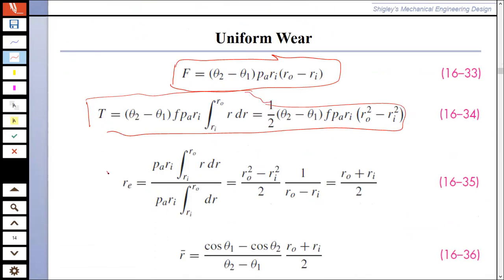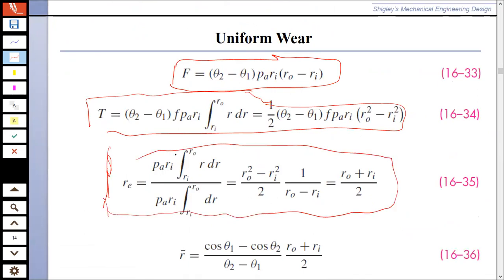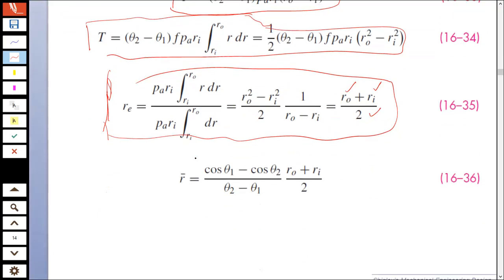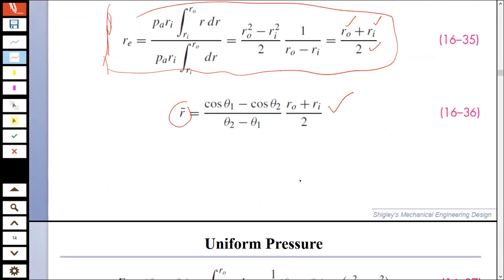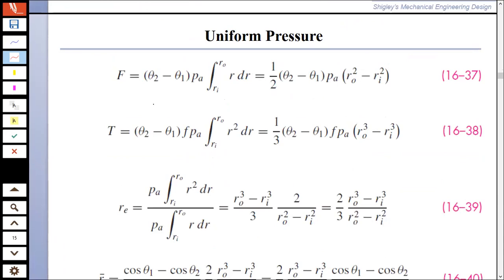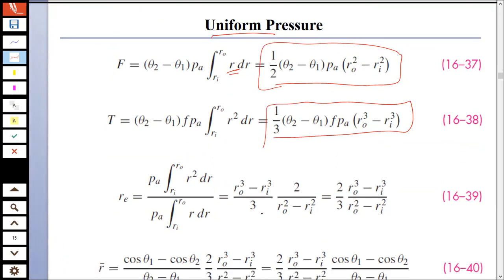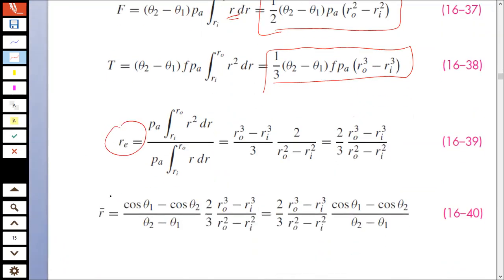और मेरे पास R e, अच्छा R e में just put the values for the uniform wear model. तो R e आपके पास R naught plus R i, basically it is the average of the two. ठीक है जी। तो R e भी आ जाएगा। इसी तरह R bar में भी आप वैल्यूज डालें उसी इक्वेशन में, तो you will find the value of R bar. So that was for uniform wear. यूनिफॉर्म प्रेशर मॉडल अगर आप इस्तेमाल करते हैं तो यूनिफॉर्म प्रेशर में your P only comes out, R रह जाएगा, and when you integrate that this is your actuation force, similarly this is your torque, and the value of R e and the value of R bar.